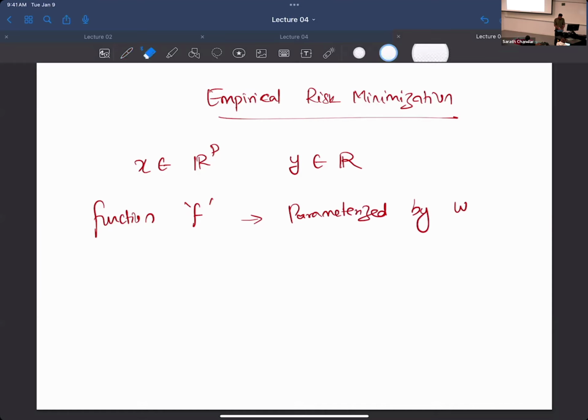Let's say I use f of x given w to be simply w transpose x, right? So the moment I make this assumption that my model is w transpose x, I'm already eliminating functions which are not linear, right?